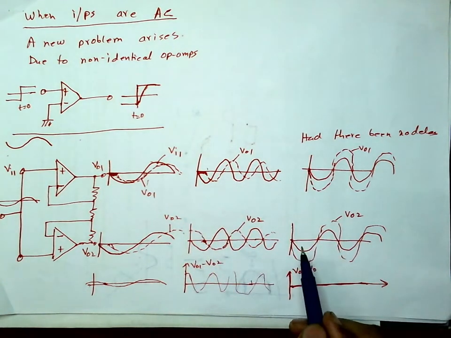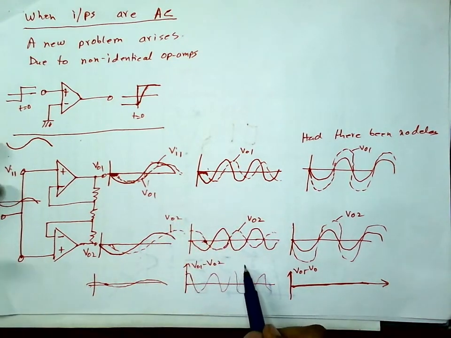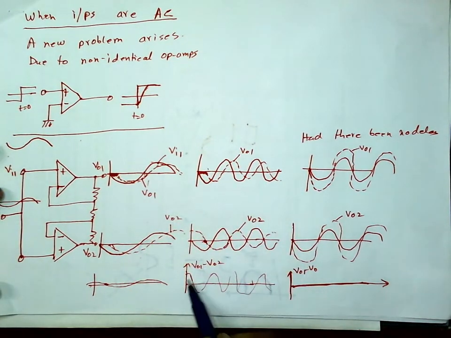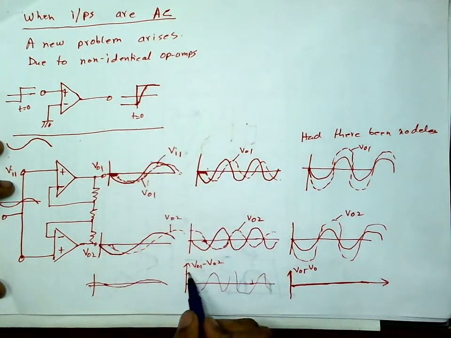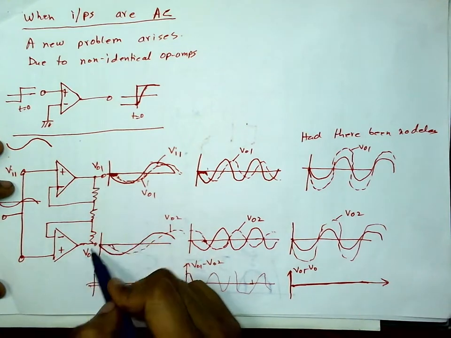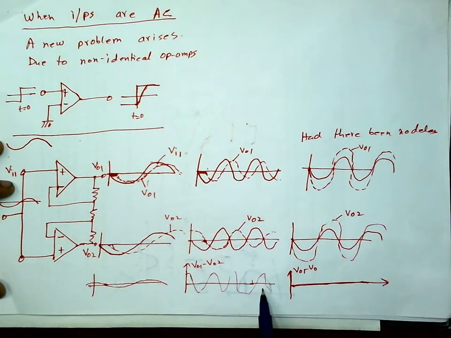So depending on the frequency, this voltage which was supposed to be 0, this common mode gain should be 0, but this can be non-zero, depending on different frequencies in case of AC.